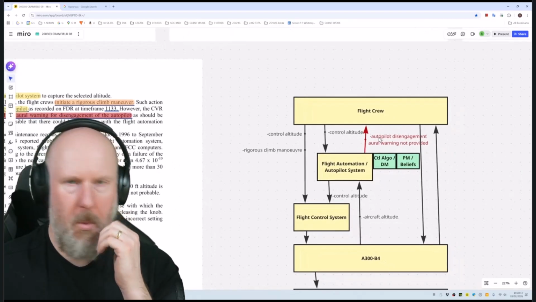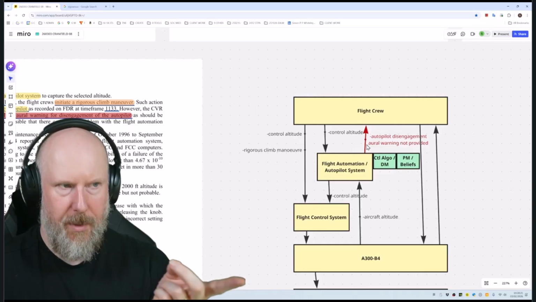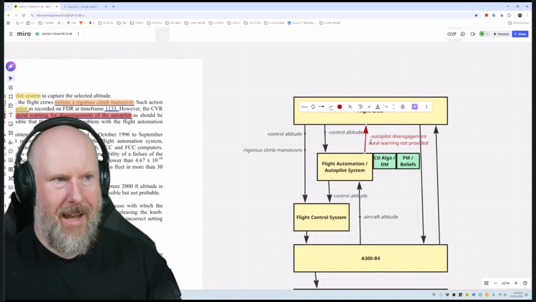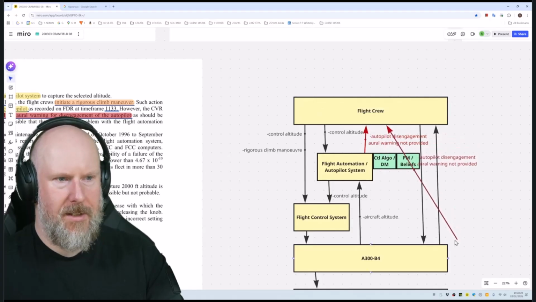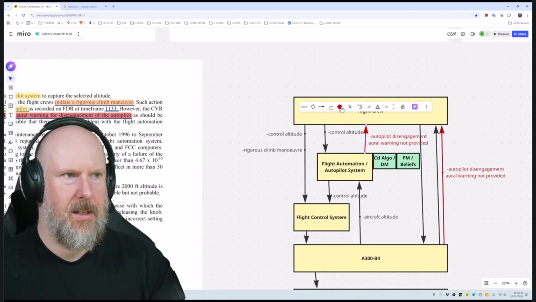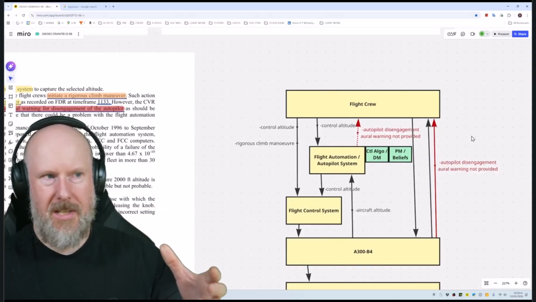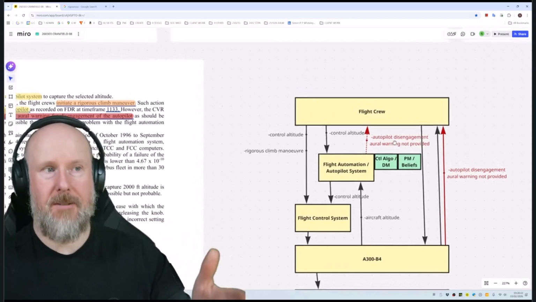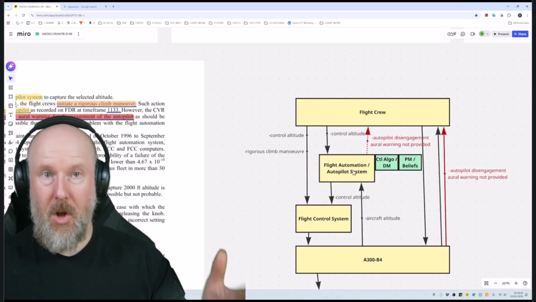Okay, so was that autopilot disengagement oral warning from the autopilot system directly, or is it actually supposed to come from the aircraft itself via the aircraft human machine interface? And the reason I'm asking that is because depending on the architecture of the system, if it's supposed to give an autopilot disengagement oral warning, why did the autopilot system not do that?